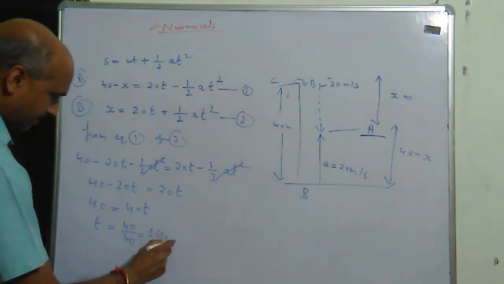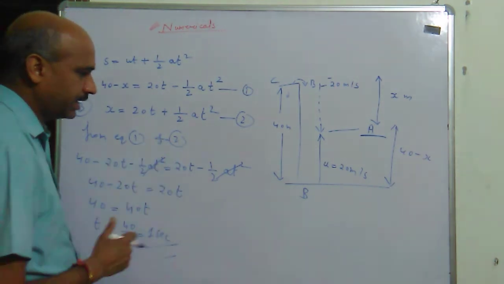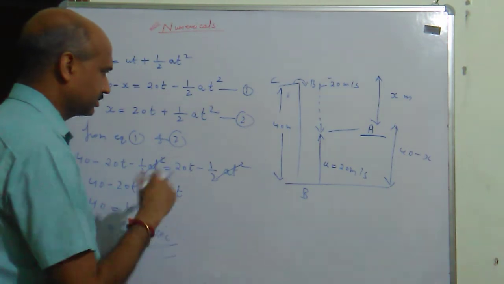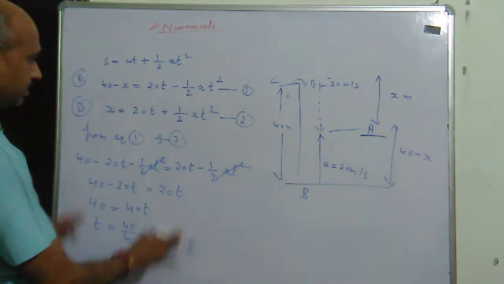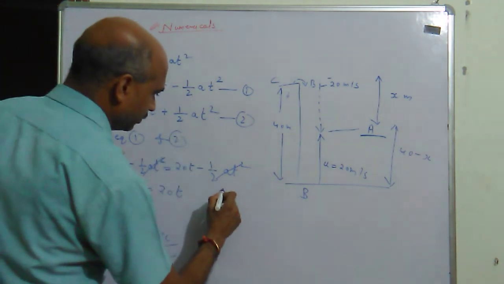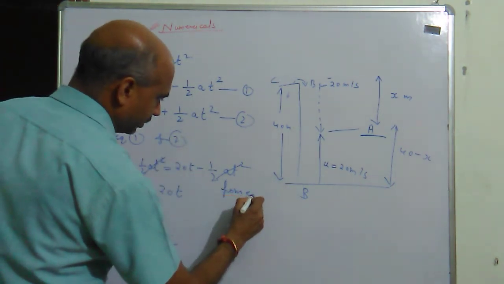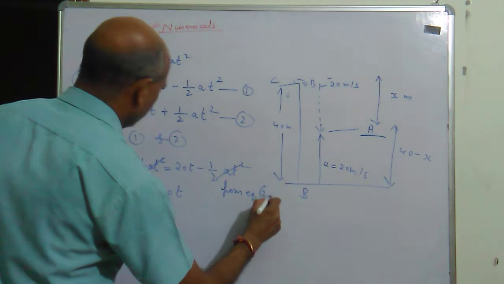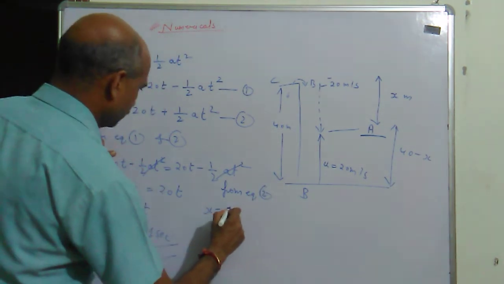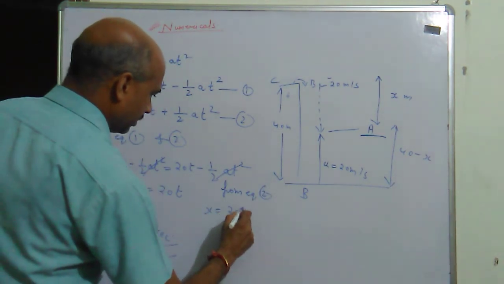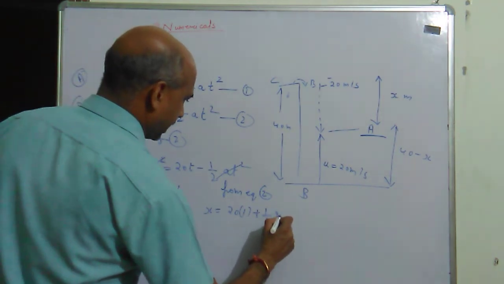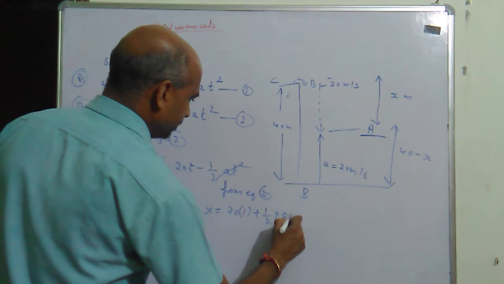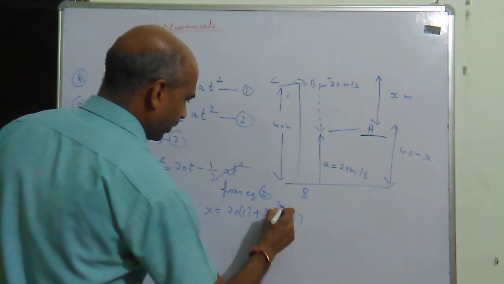So that means after 1 second they will collide. Now let us find out the distance. Distance को find out करना है, तो distance को find out करने के लिए let me put this value here, यहाँ पे put कर देते हैं. So from equation 2, we get x equals to 20 into time plus half, a means 9.8 and t means 1 only, so they get cancelled, 4.9.